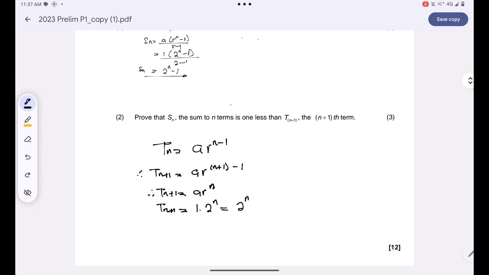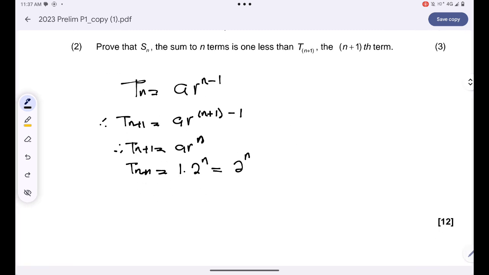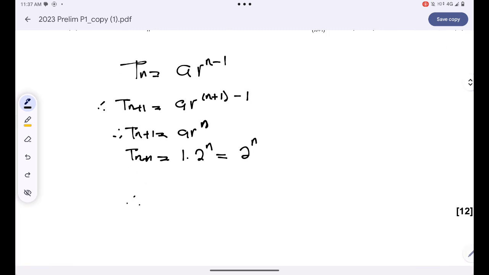But remember, I did calculate Sn. Since the sum of n terms is equal to 2 to the n minus 1, I can therefore conclude that Sn is equal to Tn plus 1 minus 1.